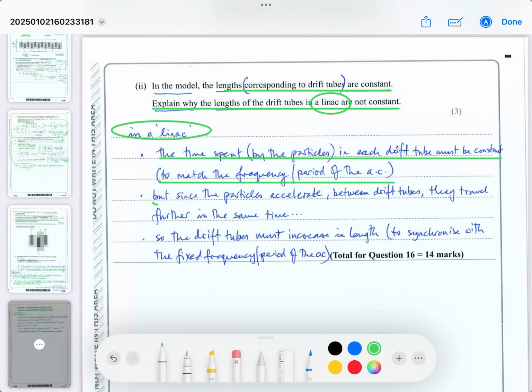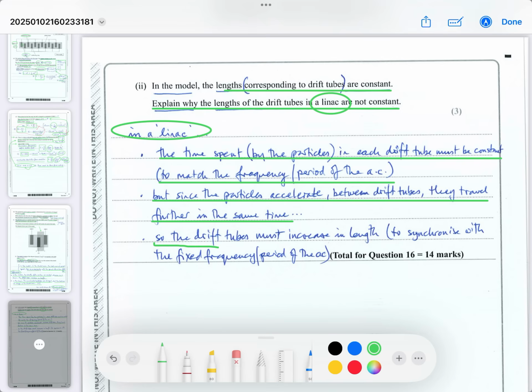But since the particles accelerate, yeah, between the drift tubes, they travel further in the same unit of time. So the next time they go into the next drift tube, they'll be moving faster, in other words. And because they're moving faster, they're going to travel further in that cycle of the AC.